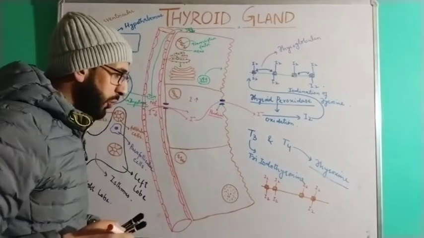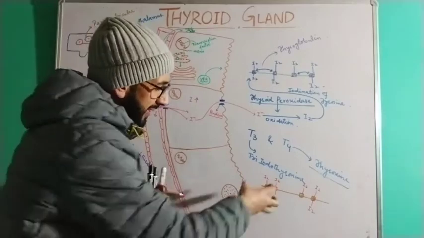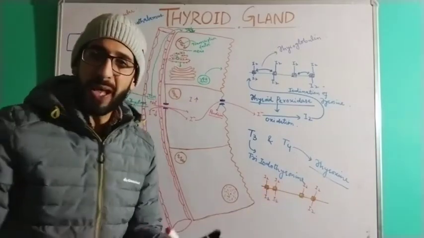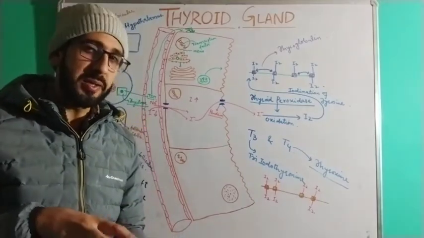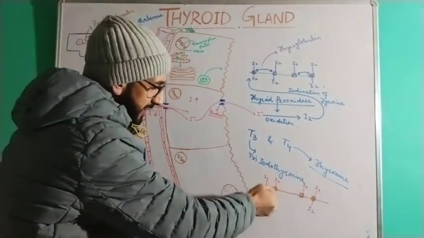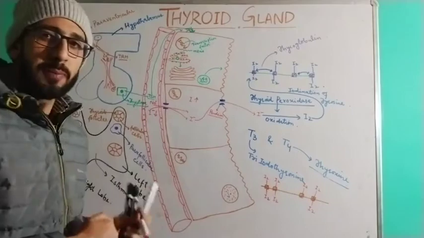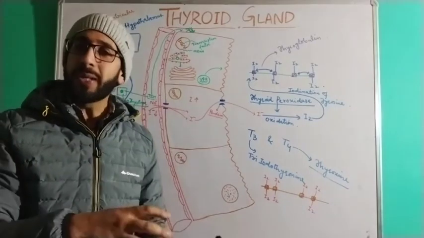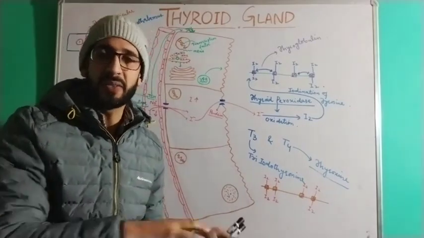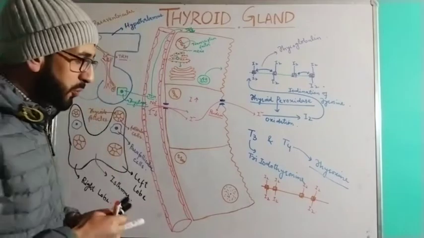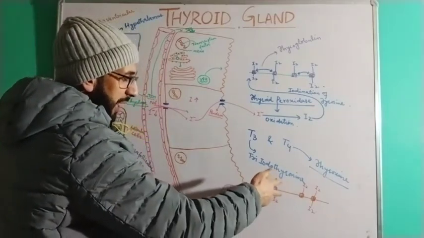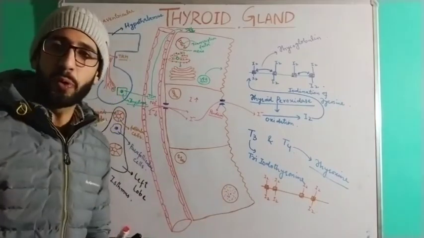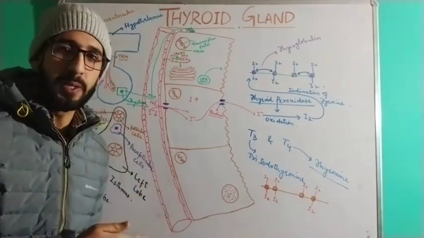Now what we have to do is take this T3 and T4. We have this T3 and T4 in this thyroglobulin colloid, right? Now we have to take this T3 and T4 out of the thyroglobulin colloid so that we can secrete T3 and T4 into the blood. For that, we have to do that cleavage process, we have to cut these T3 and T4 out of this thyroglobulin colloid.